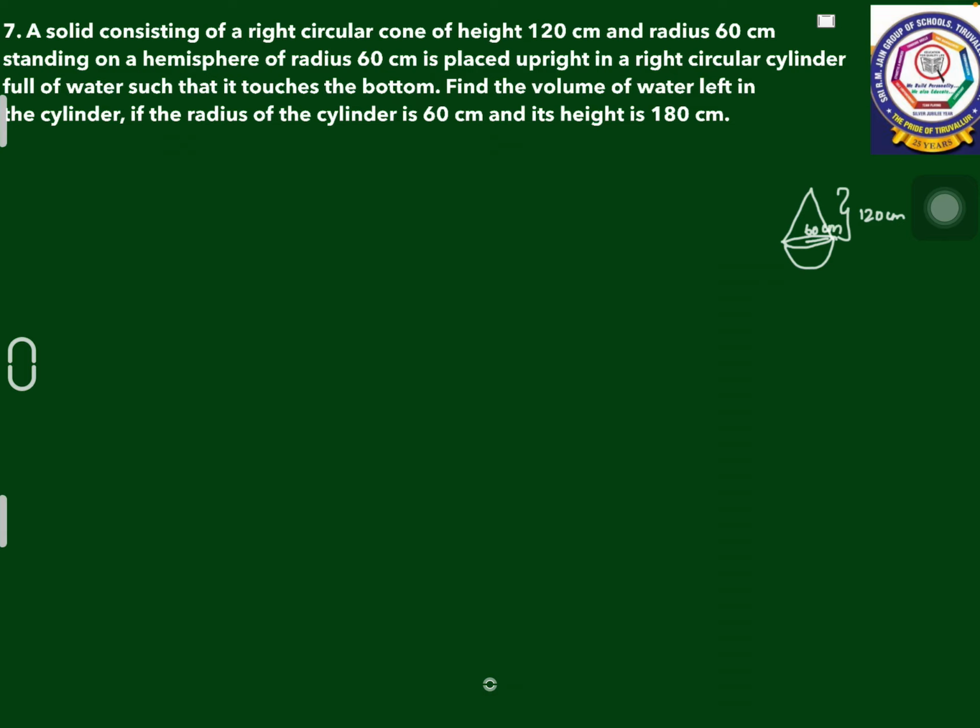Now this solid consisting of cone and hemisphere is placed upright in a right circular cylinder full of water such that it touches the bottom. Find the volume of water left in the cylinder if the radius of the cylinder is the same 60 centimeter and its height is 180 centimeter.